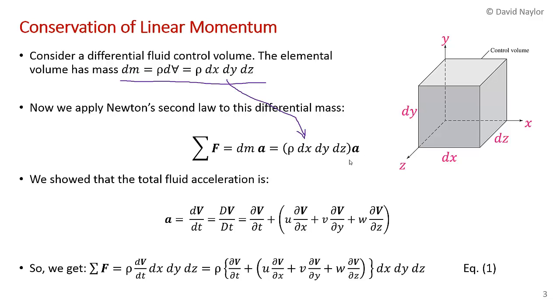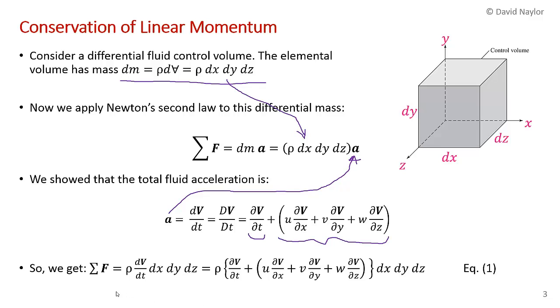And now for this acceleration vector A, in the previous video, we spent a good deal of time talking about fluid accelerations and how the total acceleration, or the substantive derivative of velocity, is actually two components, right? There's a local component, local acceleration, dv dt, and then this convective component. And so now what we're going to do is make the substitution for A in here, right? So A goes in there.